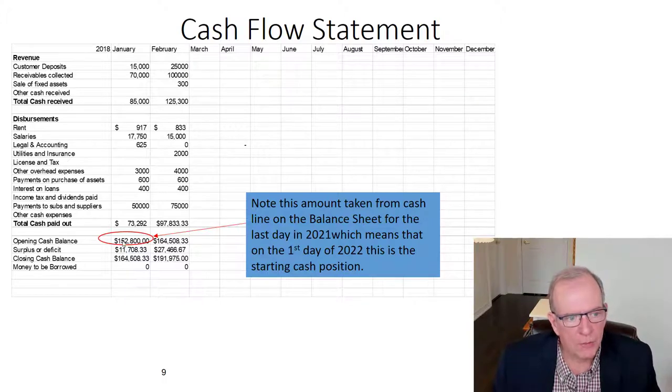So this amount, $152,800, would be coming into the cash flow statement here. I think I've got the wrong year there, but I would have had 2022. So January 1st, 2022, imagine that that's there in this case. Then we would be putting our expected inflows of cash. That would be the revenue that's going to come in, so total cash received during January.